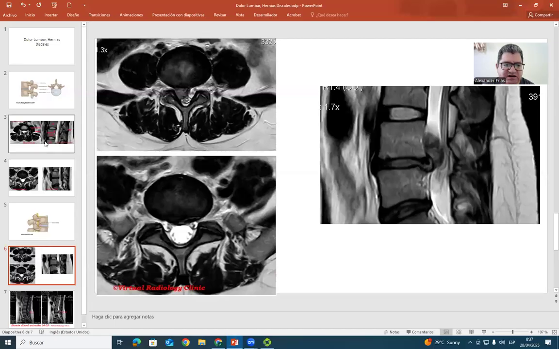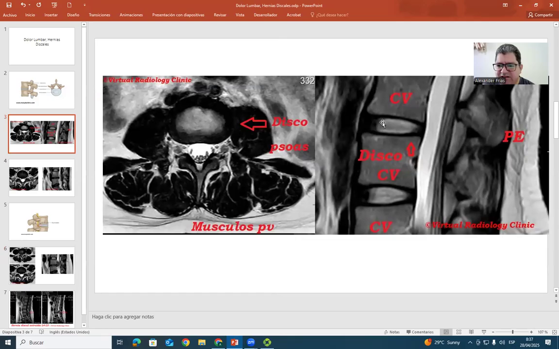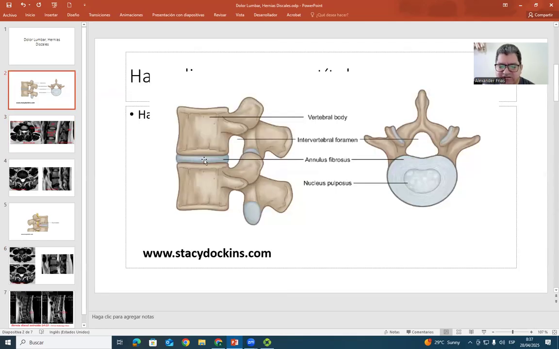This degeneration. Okay, remember the dehydration decreases the height of the disc. The vertebral bodies get tight and make pressure on the facet joint. The facet joint is the disease itself, or the cause of the pain.